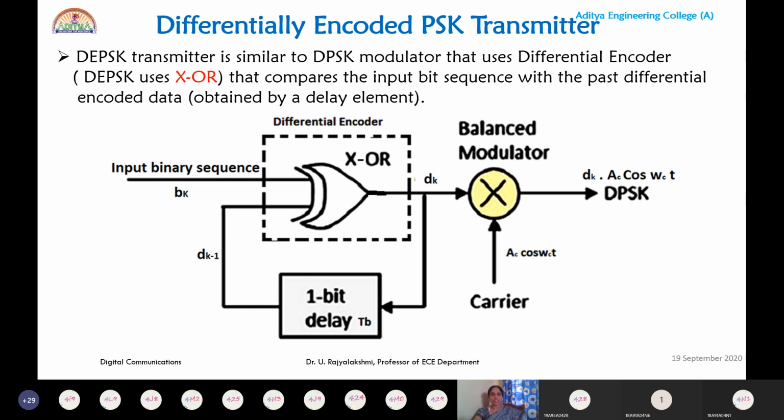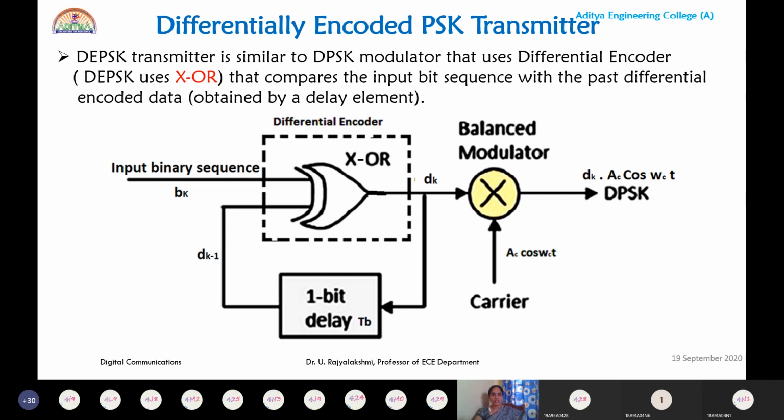Finally, the DEPSK transmitter section generates the modulated signal as dk into Ac cos omega ct, where dk is the magnitude, a unipolar energized signal obtained from the XOR gate. Other than that, the working principle is the same as that of DPSK.